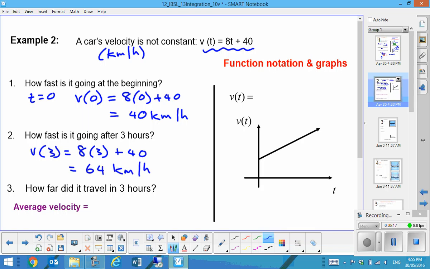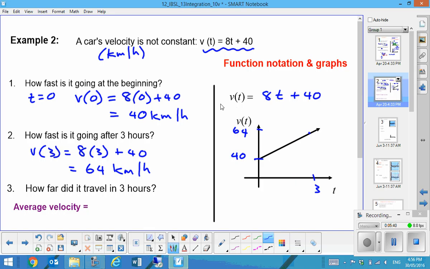So it's getting faster. Here we are initially at 40, and at time 3, we're now at 64. All right, so our velocity function, 8t plus 40.